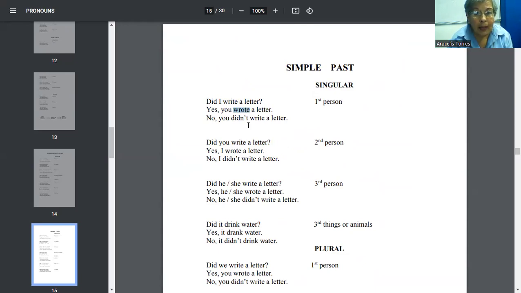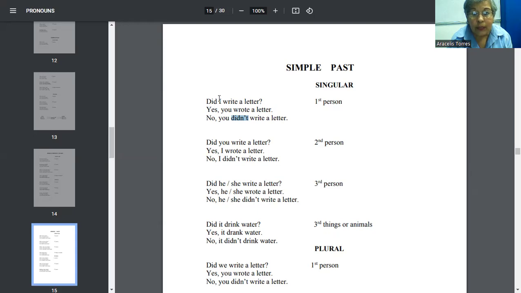But when it's negative, the verb comes back to the present, because the auxiliary is indicating that it's in the past, okay? Only when the sentence is affirmative do you have to write the verb in past tense. If it is negative, you have to write the verb in present because the negative form is in past, okay?